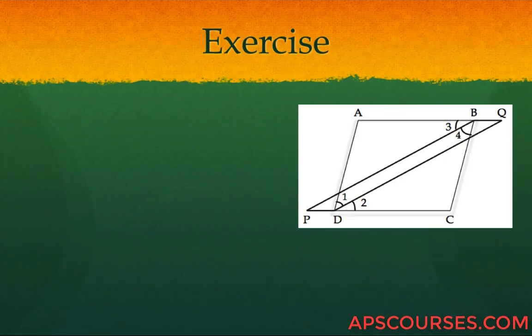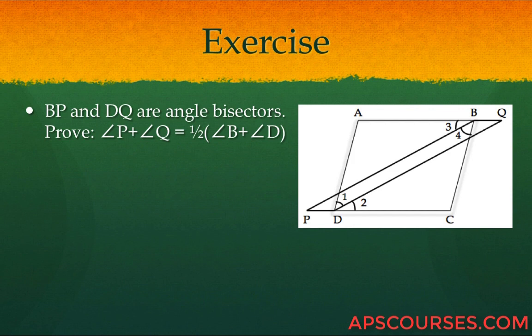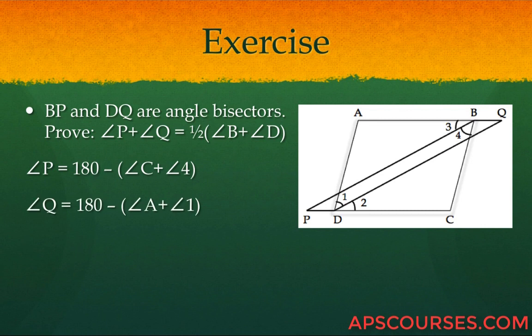The next exercise. In this figure, BP and DQ are angle bisectors. We need to prove that angle P plus angle Q is equal to half of (angle B plus angle D). In triangle PBC, angle P is equal to 180 minus (angle C plus angle 4). In triangle QDA, angle Q is equal to 180 minus (angle A plus angle 1).